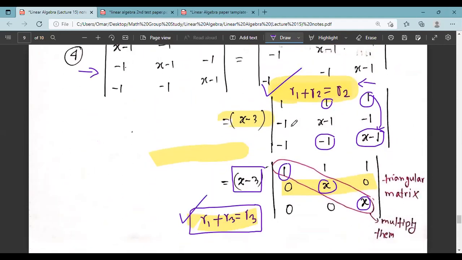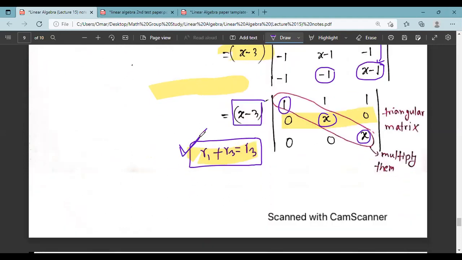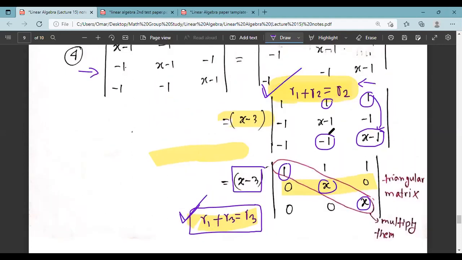I just took the notes from our lecture, so now I had to rethink which row operation we did here. So these two are our row operations, okay? I think you can understand them.